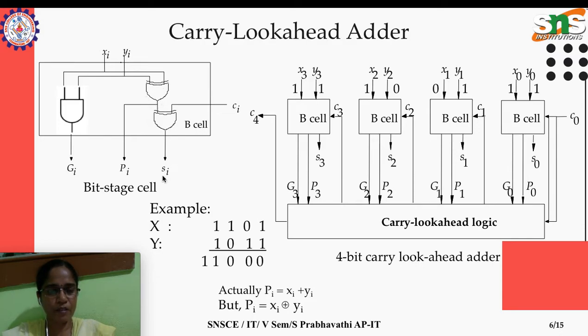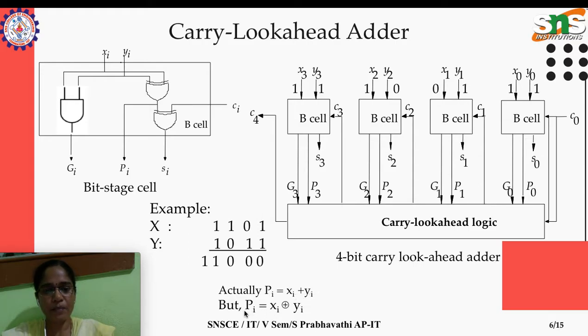Before that we will jump into the sum calculation. The sum is nothing but the XOR of xi, yi and ci. That is the sum, and here we'll get back to this pi. pi is actually the OR operation xi plus yi, is it not?